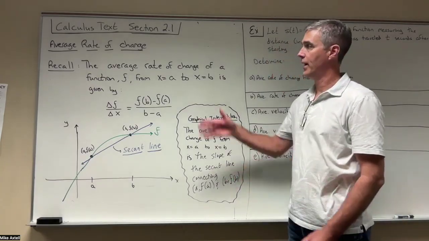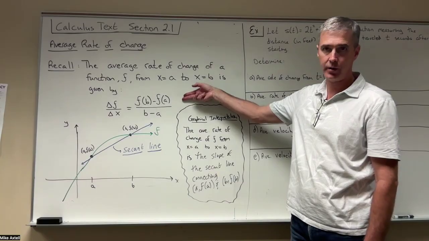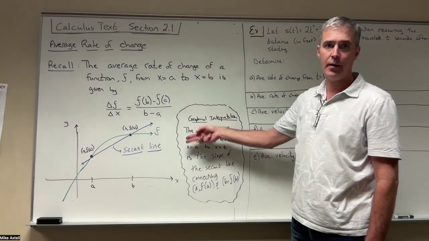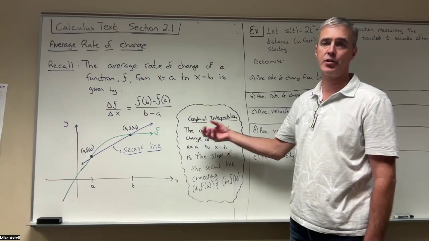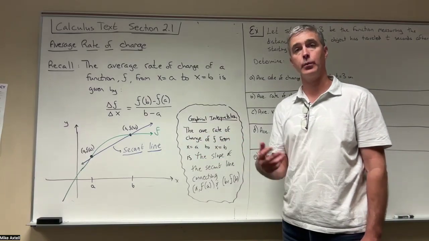Right? So we have this sort of algebraic view of how to calculate an average rate of change, and we have a graphical interpretation as to what that average rate of change is. It's a slope of a line we call a secant line.